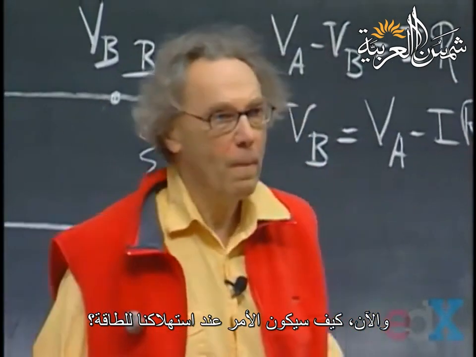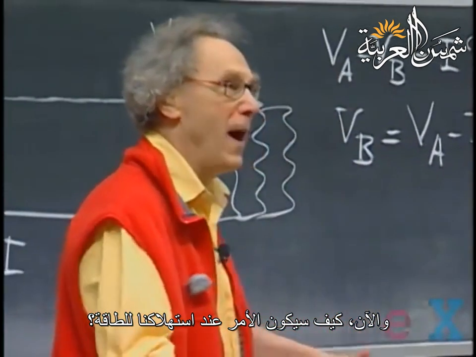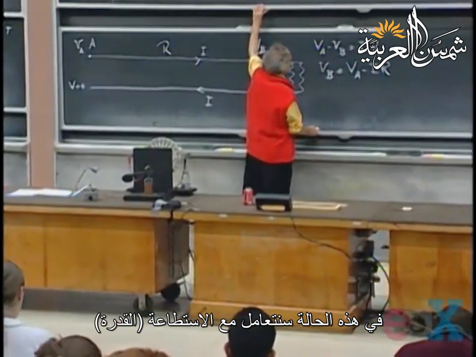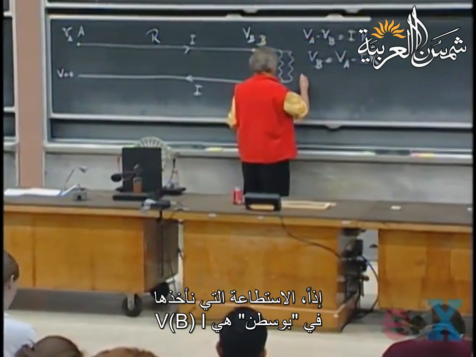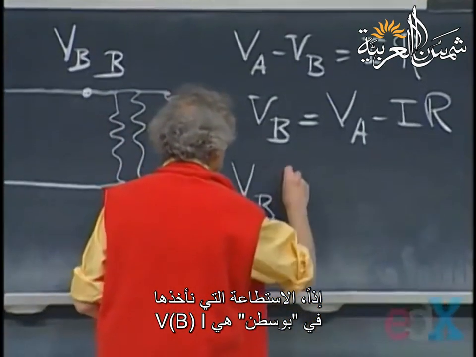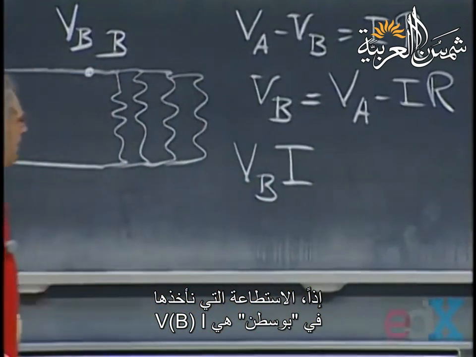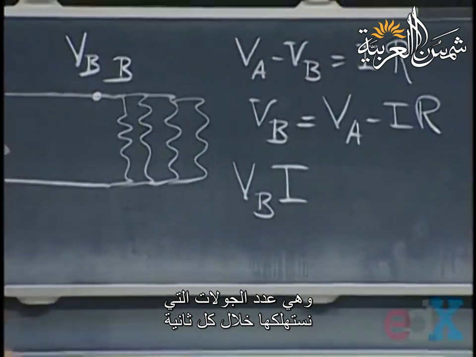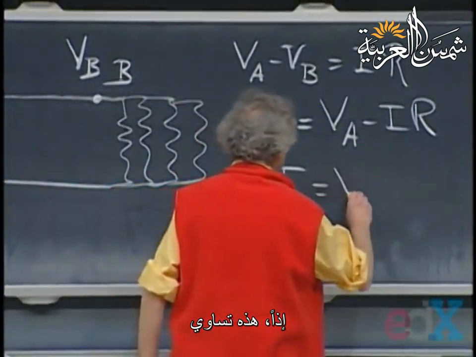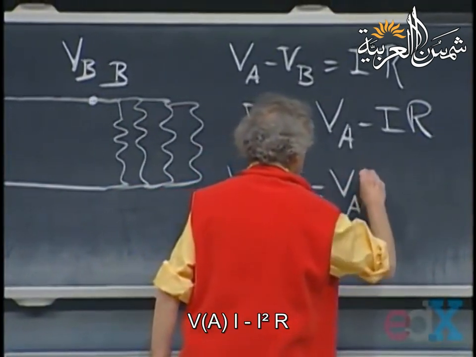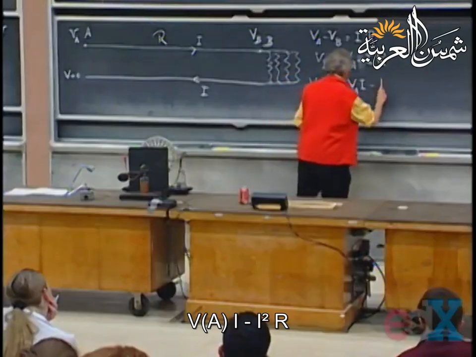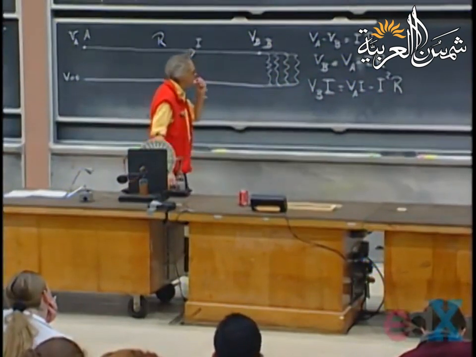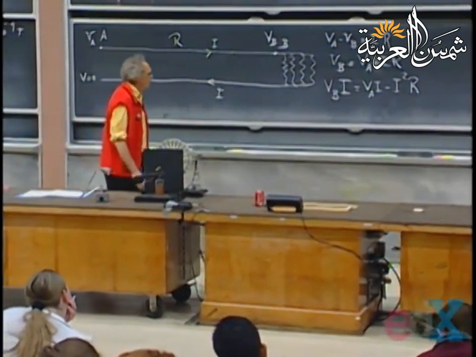Now I want to know if we consume energy, so we're dealing now with power. So the power that we take off at Boston is I times V of B. That's the number of joules per second that we are consuming. So that then equals VA times I minus I square R. What is this?